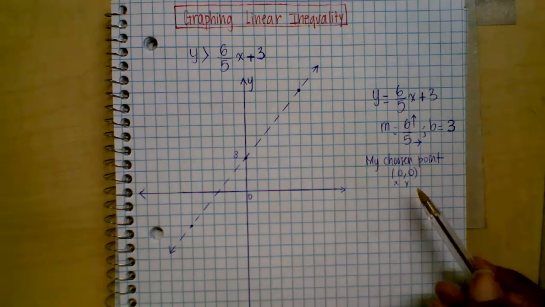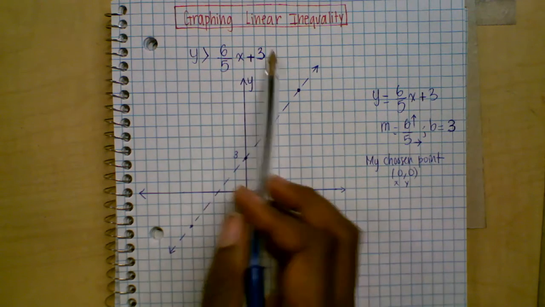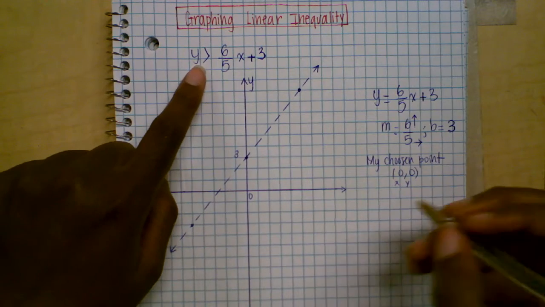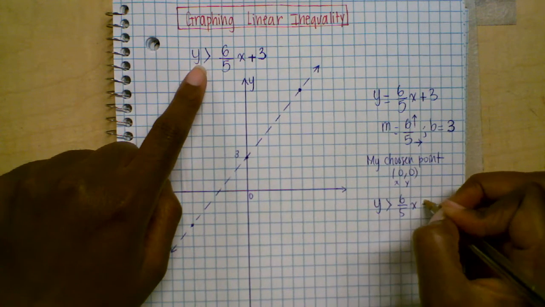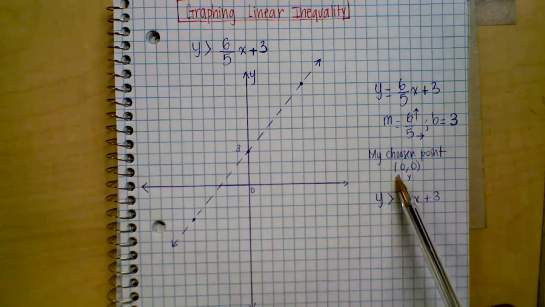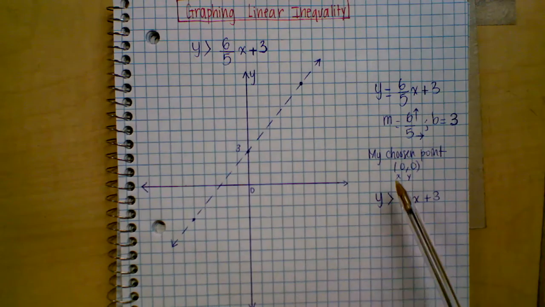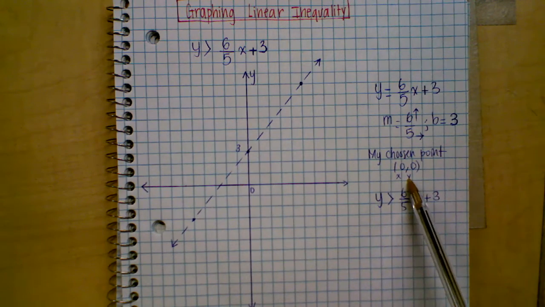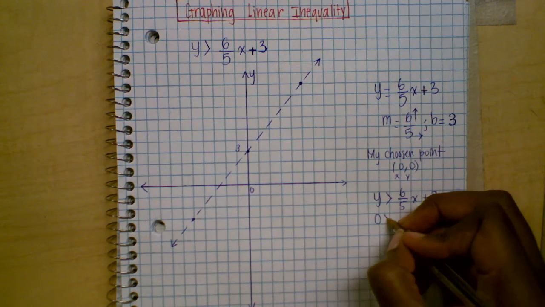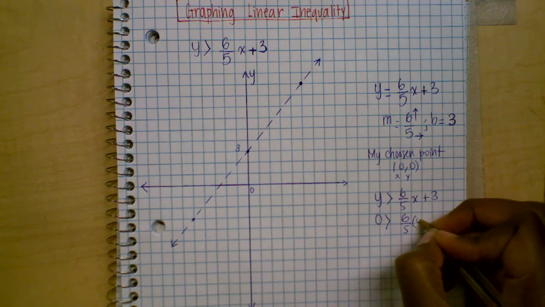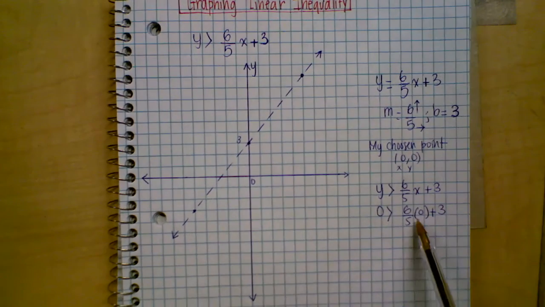So what is going to happen? I'm going to go back to this inequality. Wherever there used to be the x, I'm going to plug in 0, and for the y value, I'm going to plug in 0. So I'm going to write here 0 is greater than 6/5 times 0.